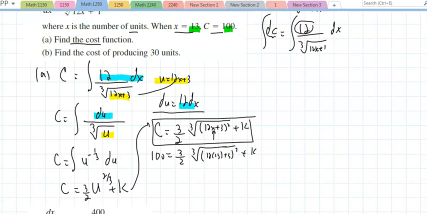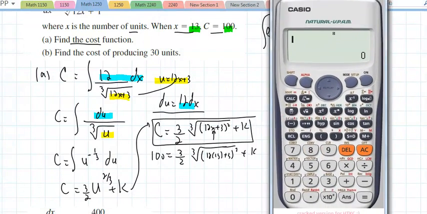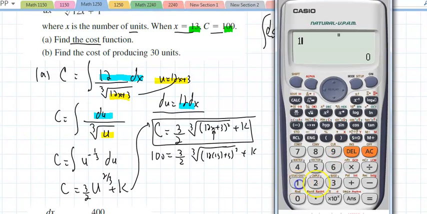So if I get my calculator out, if I take 12 times 13 plus 3, 159. If I take the cube root of that, so I raise that to the 1/3.